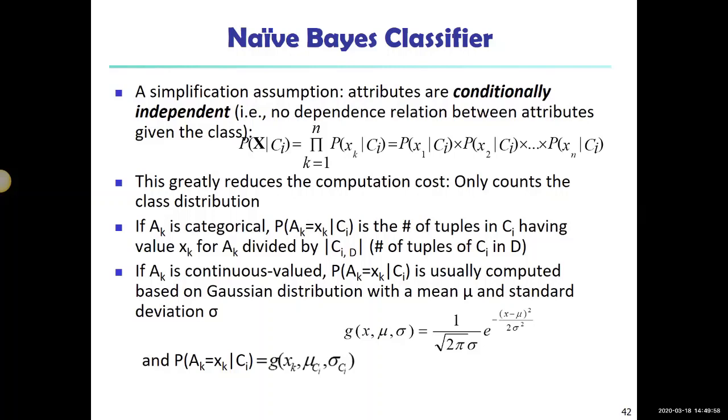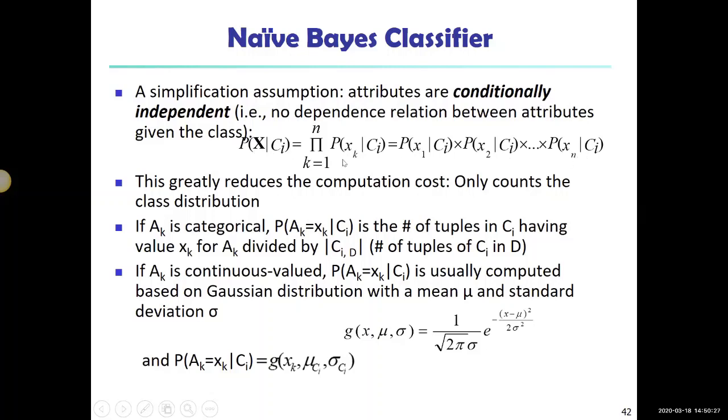So here we say within this class, different attributes are not dependent. With that assumption, we can actually simplify this joint probability to a simple product of all individual attributes that are involved in this observation. So this gave us this formula.